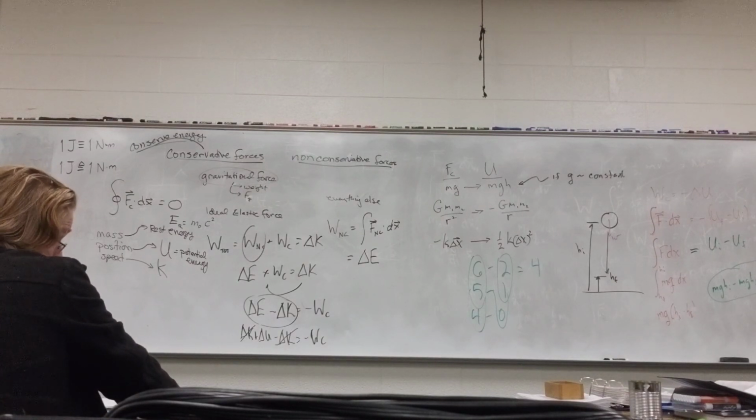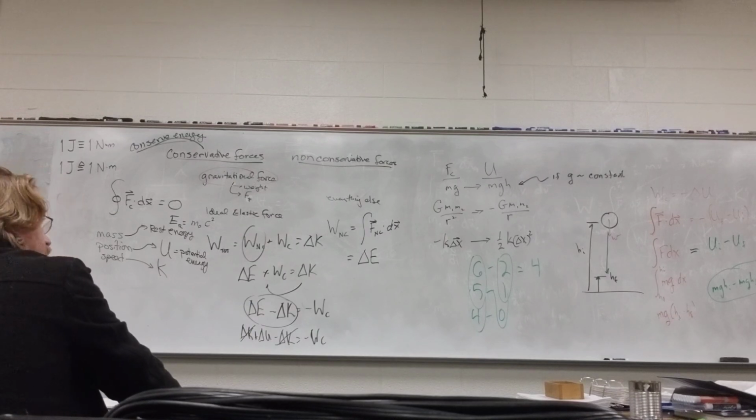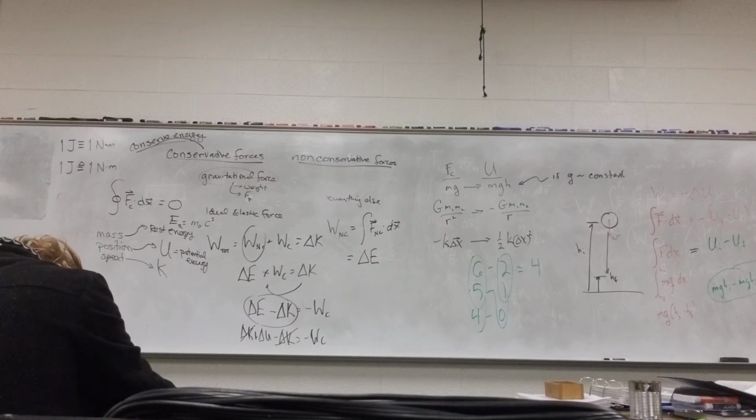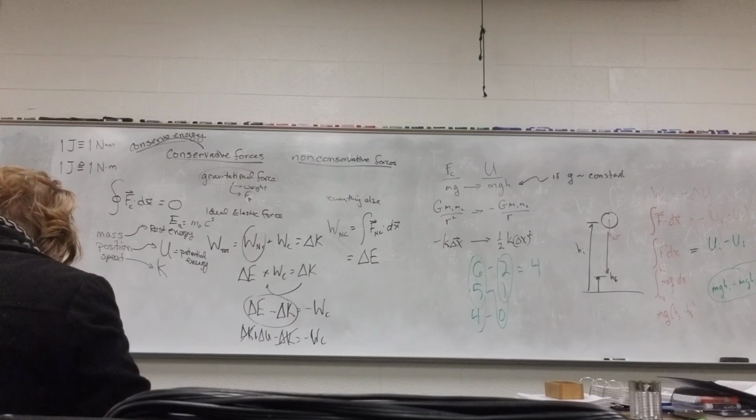It's the same plus some constant, because the constant is going to cancel out. There's an infinite number of constants, so that's why there's an infinite number of solutions. It's mgh plus some constant. This gives us the freedom to determine where the potential energy is equal to 0. We don't have to make 0 the ground, or the center of the earth, or where the object is.